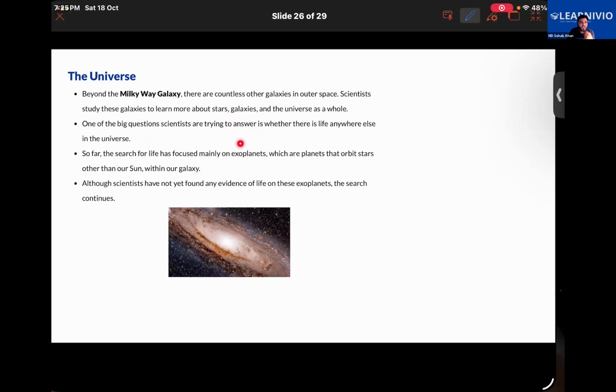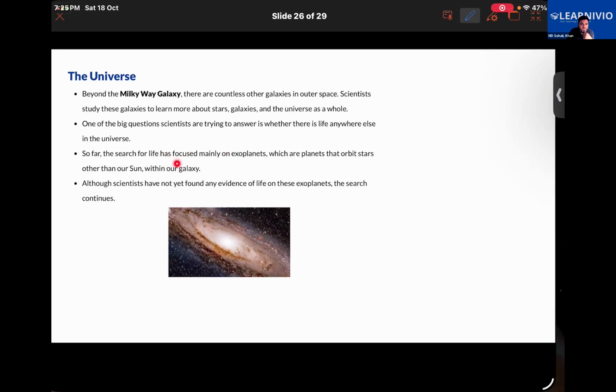What we know is that life is only here on planet Earth. Yet we haven't been able to find life on any other planet, in any other galaxy, or anywhere else in this universe. So one of the many reasons why we study the universe, the galaxy, and many other planets is to find life on other planets, in other galaxies also.